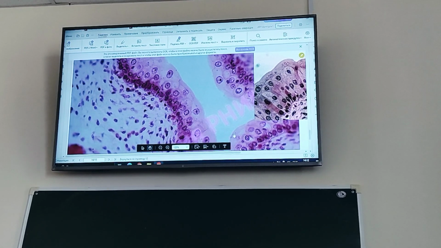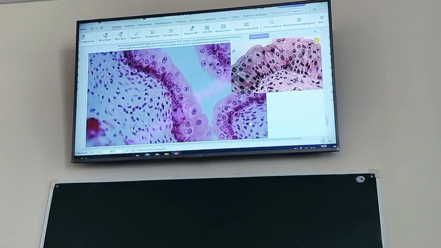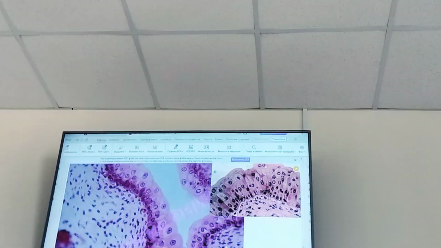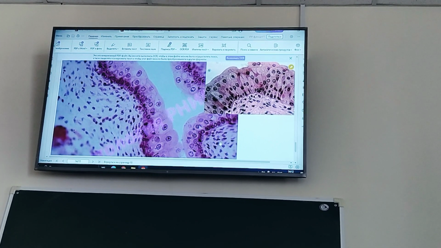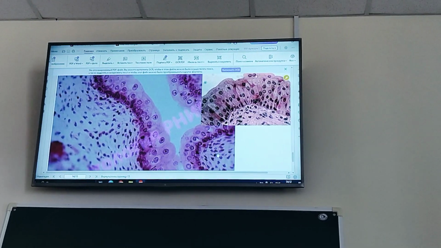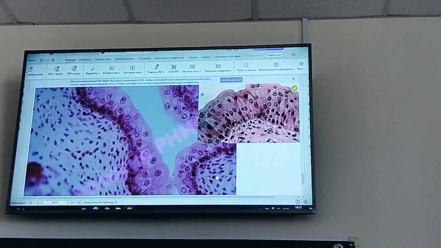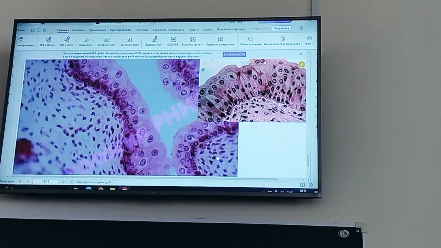And one more interesting type of epithelium. We remember that stratified epithelia are classified by the shape of only the superficial cells.